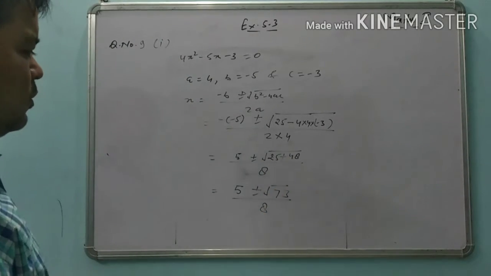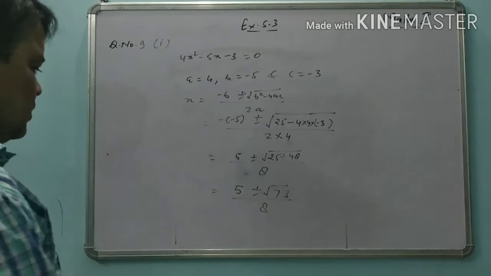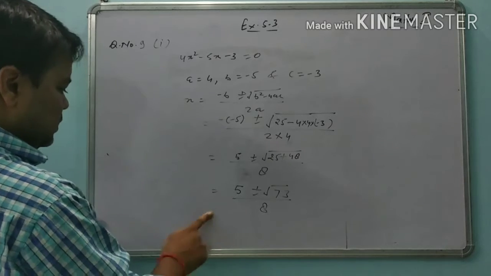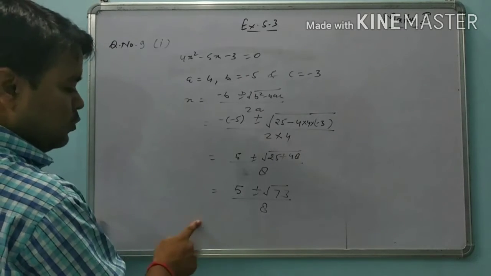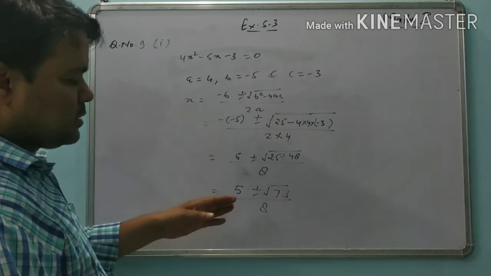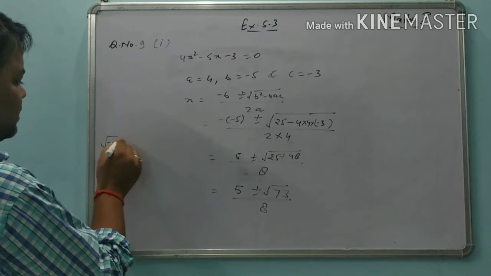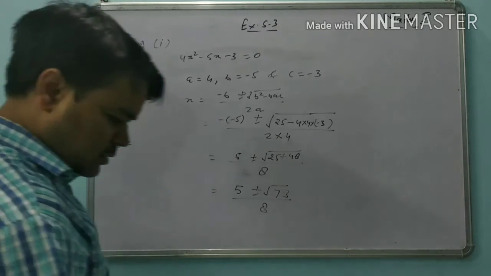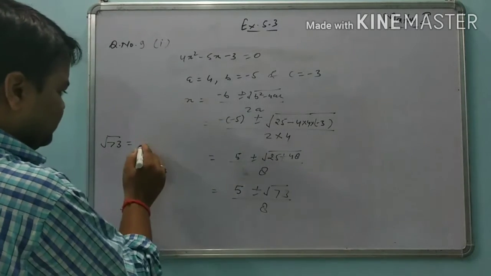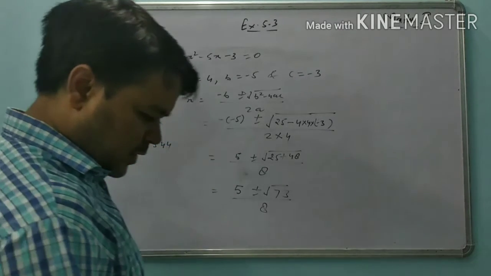Again, we should know the square root of 73, and you should try to know how we can find the square root. This is given in class 7 or 8. Under root 73 is equal to 8.544.